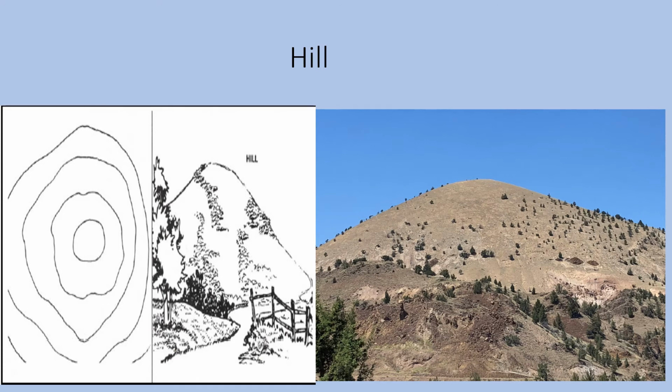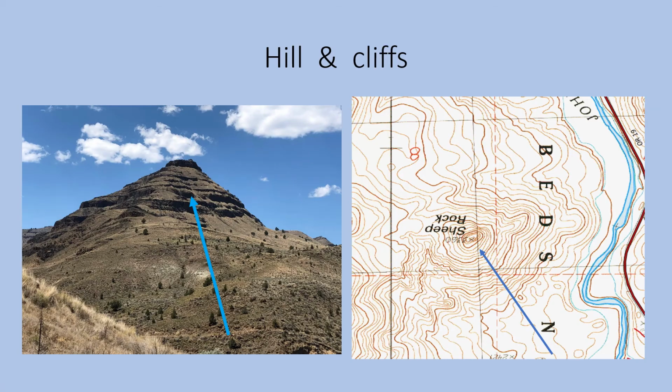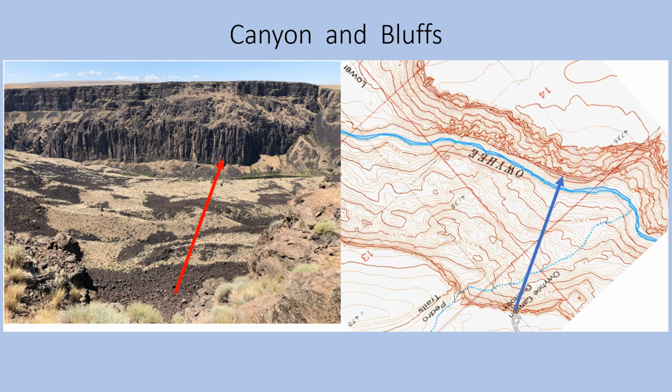Converging circular contour lines define a hill. Check out the Owyhee Canyon and bluffs and the adjacent Talus slope.